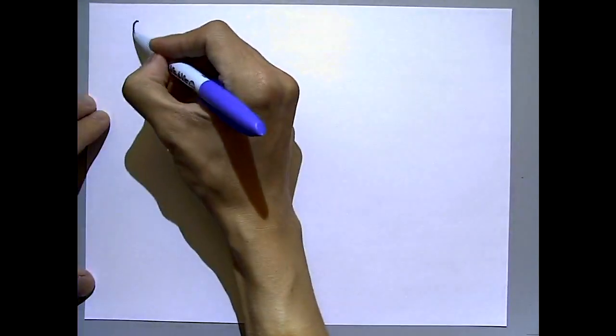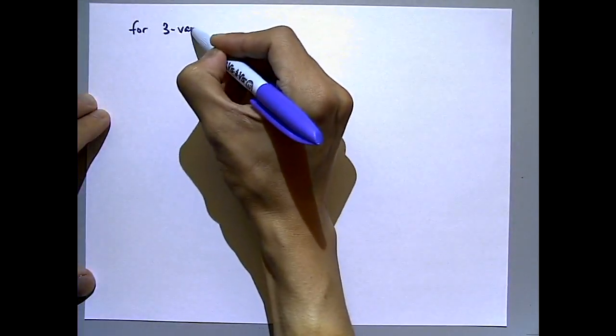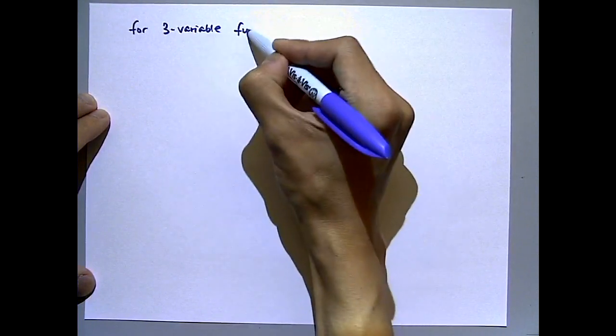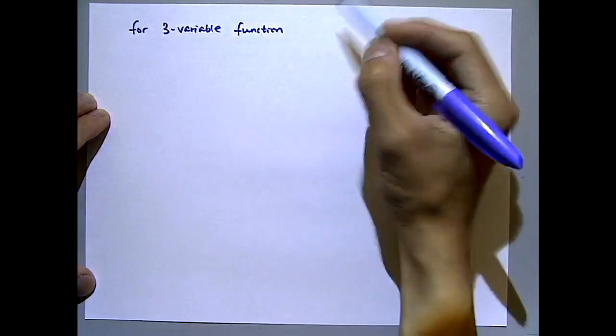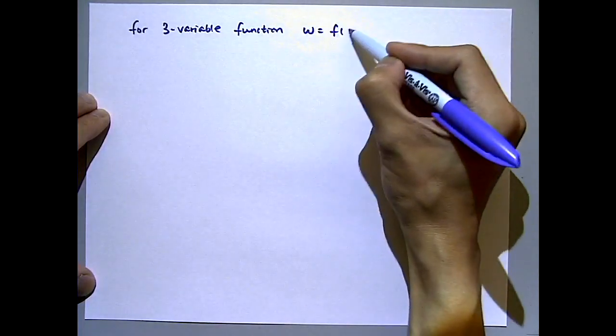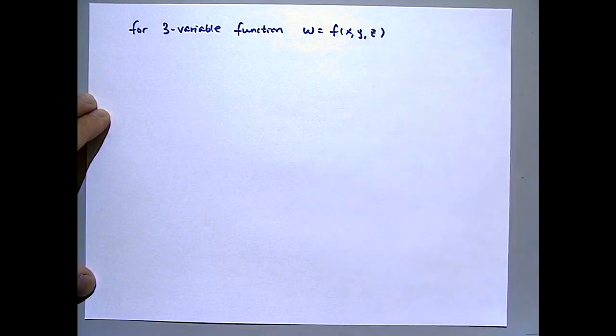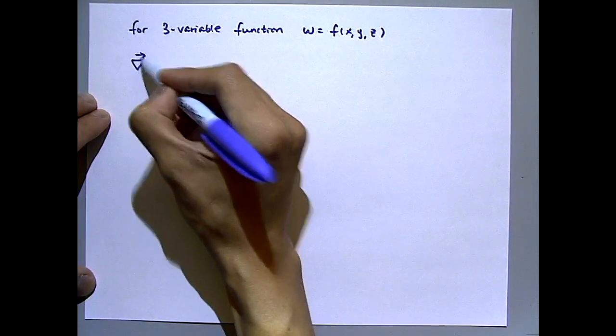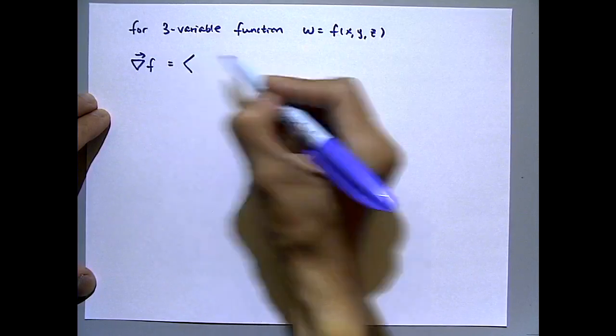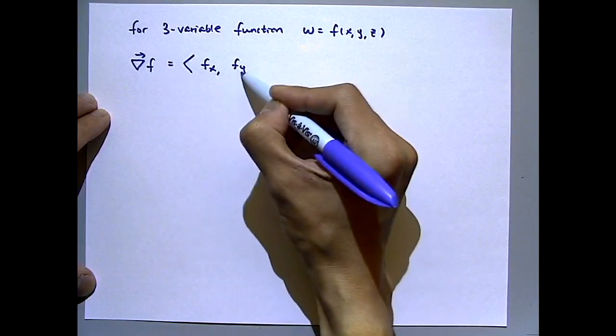Okay, so how do you think things change if we deal with a 3-variable function? How do you think the gradient vector will look? The same thing with another component added, right? For a 3-variable function, let's say w is f of x, y, z, then the gradient of that function f is exactly what you would expect.